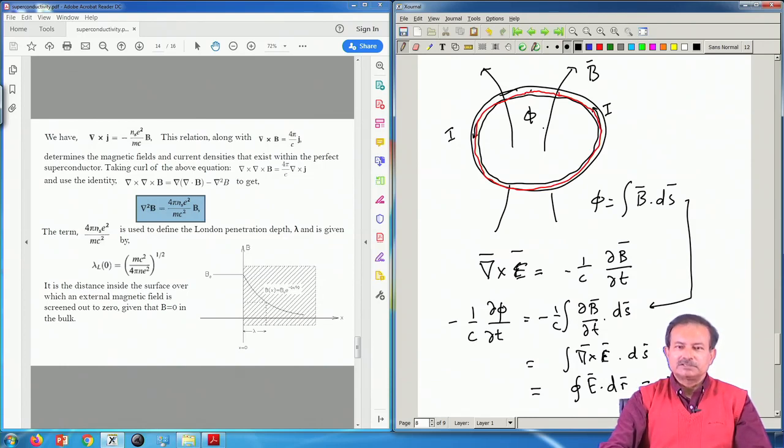People have done these experiments for days, for months, for years, and kept it on and tried to find any decay in the supercurrent. So far the estimates are that this supercurrent will not decay, and the decay time is probably more than the age of the universe itself, which is about 13.7 billion years, and it is certainly more than that.